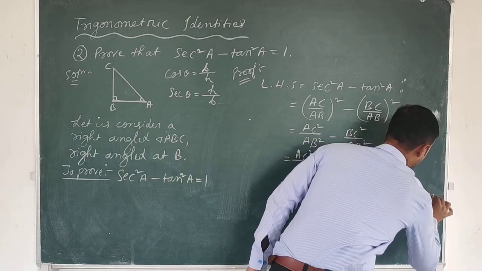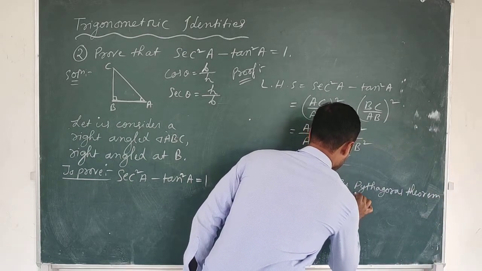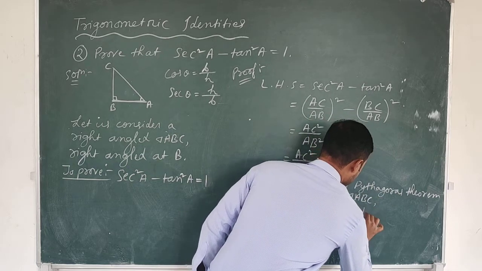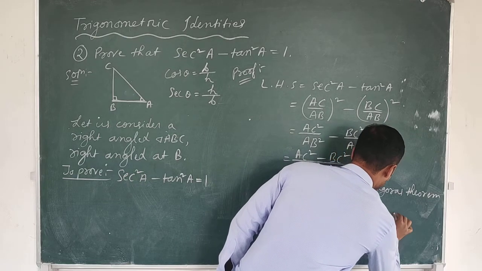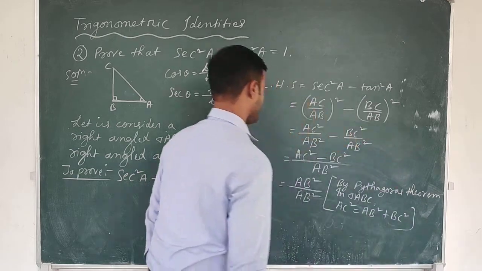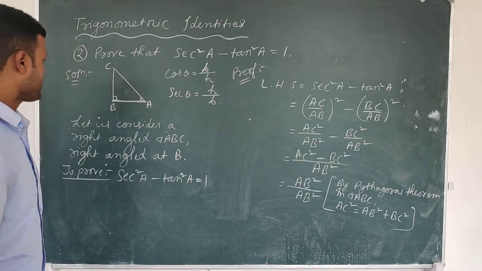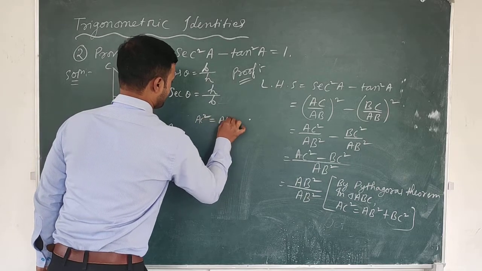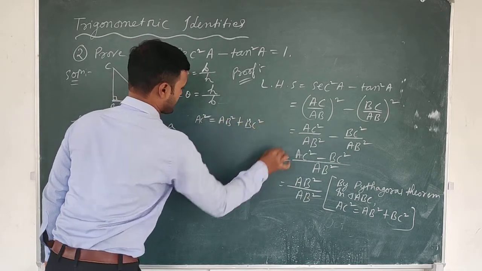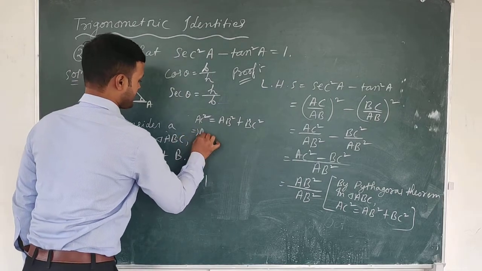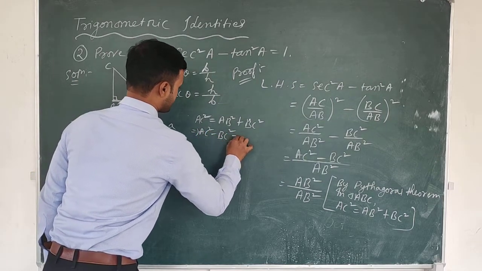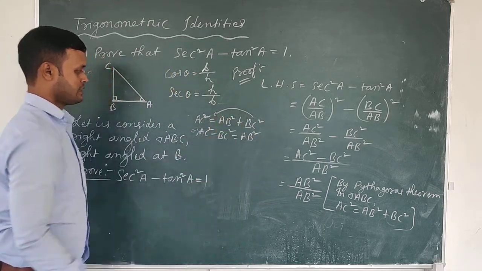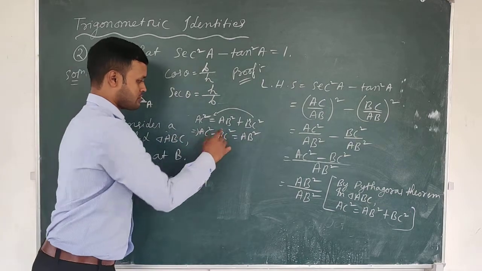By Pythagoras theorem in triangle ABC, AC square is equal to AB square plus BC square, isn't it? So if I bring BC square to the left side, then AC square minus BC square is equal to AB square.